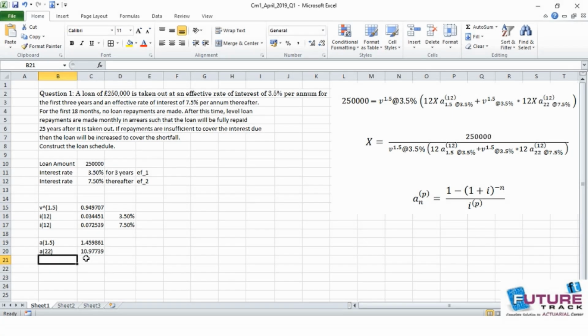Fine. So these are the rates of annuities.